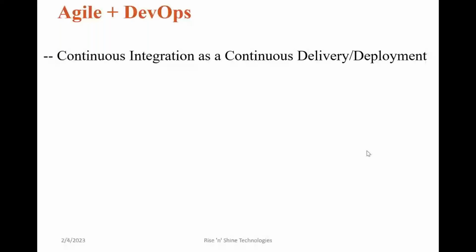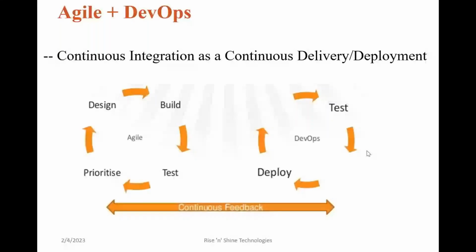Agile is mostly into the integration part, but DevOps is the integration. Once it is done, how do we quickly deliver it, deploy it, and run the test cases planned in the next environments. So are you clear about these keywords? Are you following the points, everyone?